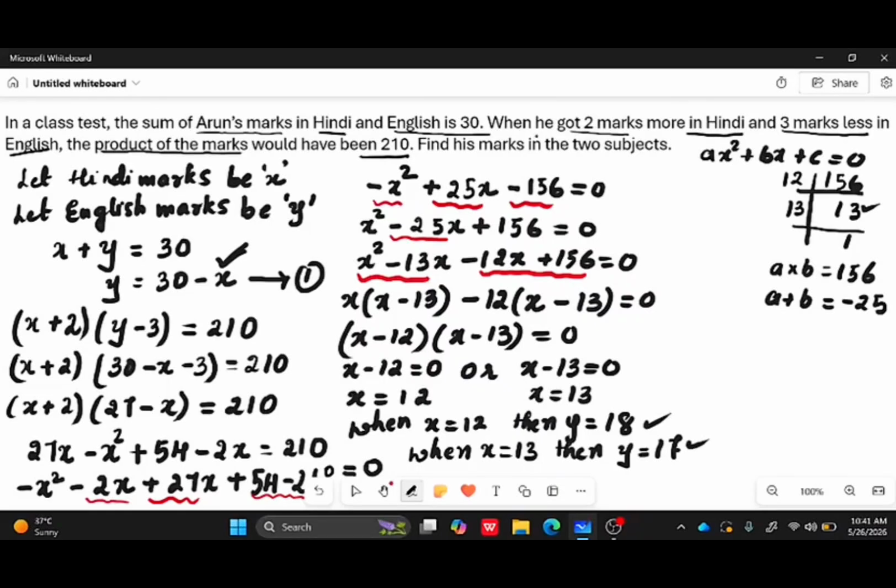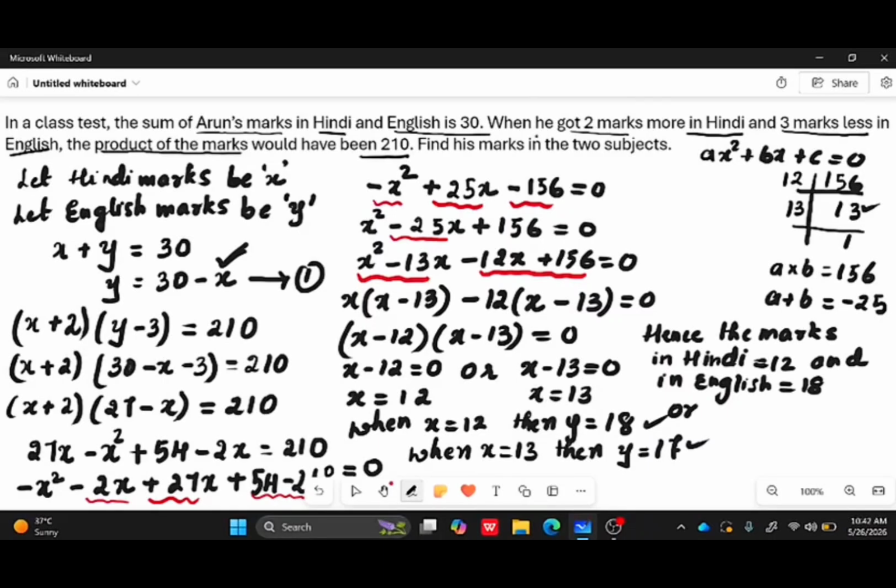So we can give the clear picture. Hence, the marks in Hindi equals to 12 and in English equals to 18. This is the first case.